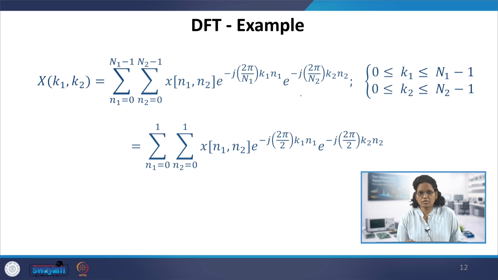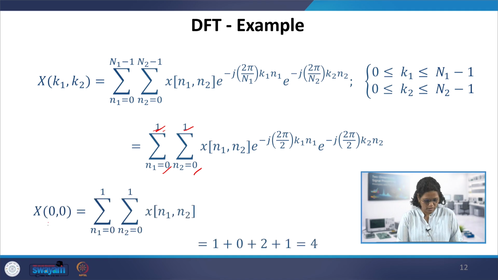So the equation is the 2D DFT equation, where n1 goes up to 2 and n2 is also 2. So that's why this is varying from 0 to 1 and 0 to 1 in this given example. So e power minus j 2 pi k1 n1 plus k2 n2. Now we can expand this for k1 and k2 also from 0 to N1 minus 1, 0 to N2 minus 1, that is 0 and 1.